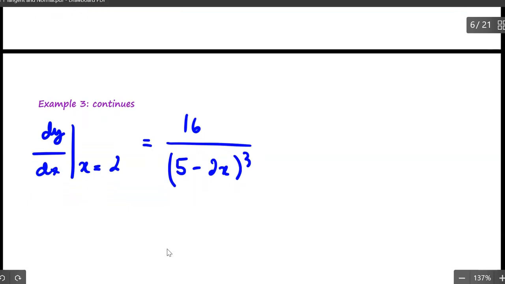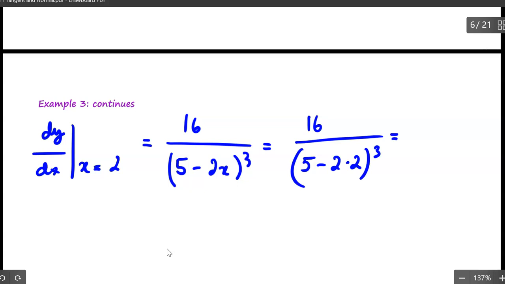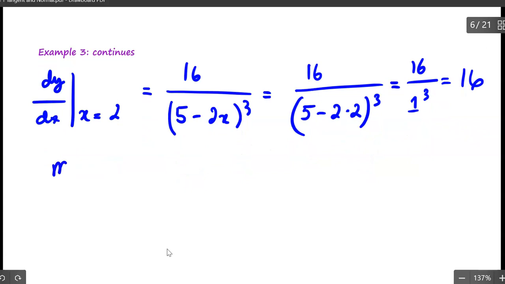So it's easier this way, right? I have 16 over (5 minus 2 times 2) raised to exponent 3. So I will have 16 divided by 1 to the exponent 3, which is just 16. So mt equals 16.